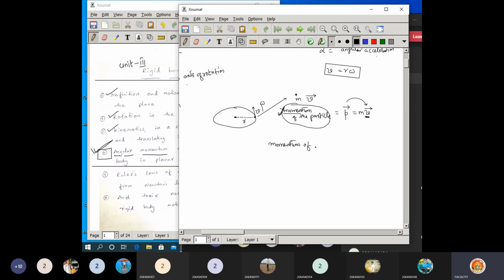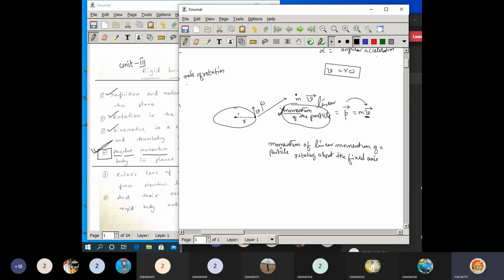Now here the momentum of this linear momentum, we can consider this as a linear momentum. The momentum of linear momentum of a particle, moving or rotating, consider it as rotating about the fixed axis.